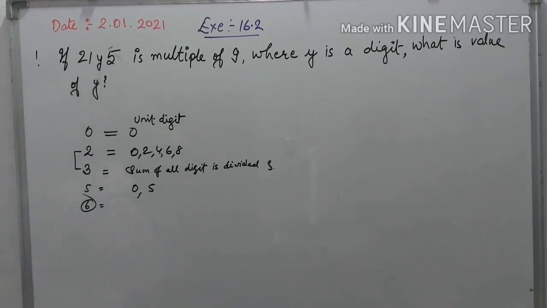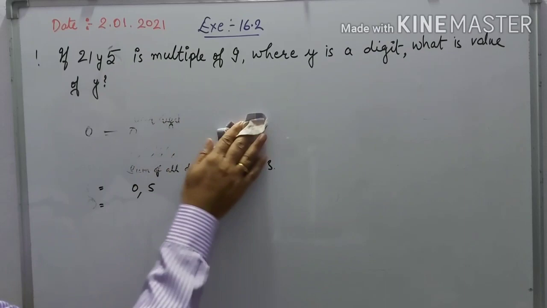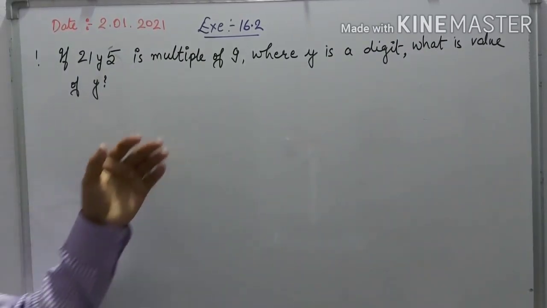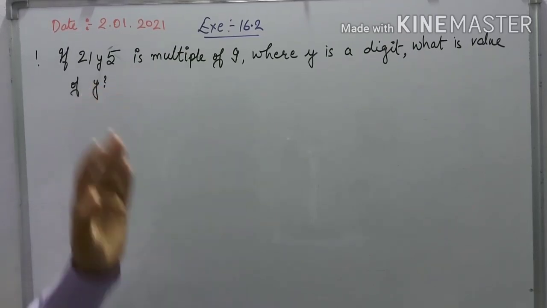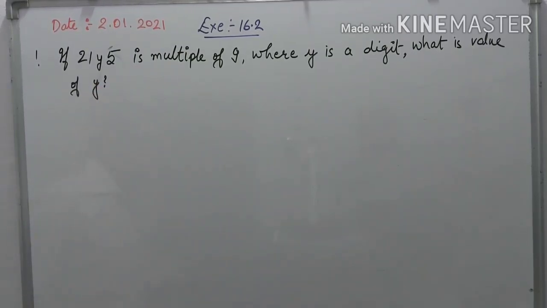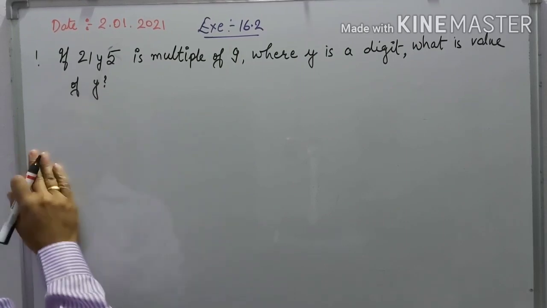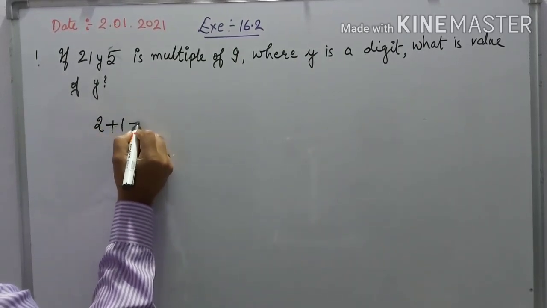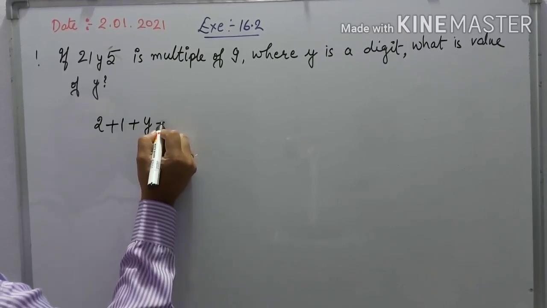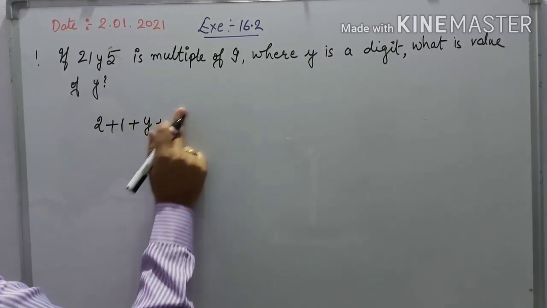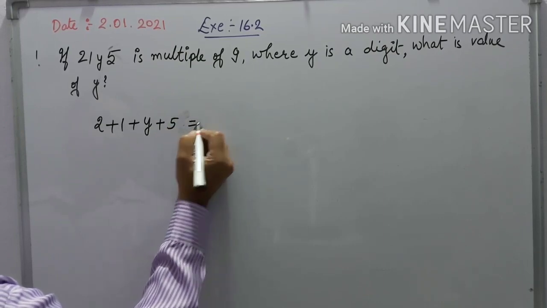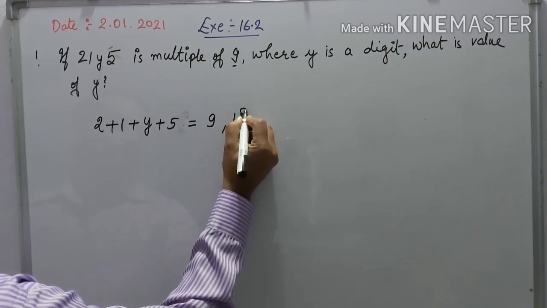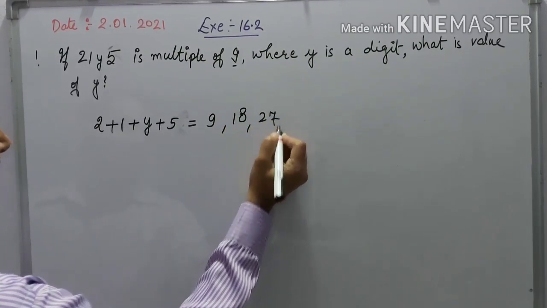Okay, so here we will use only the division rule of 3 and 9, because the division rules of 3 and 9 are the same. So what is the rule? The solution is very simple. You write 2 plus 1 plus y plus 5 is a multiple of 9. 9 means the 9 table: 9, 18 and 27.